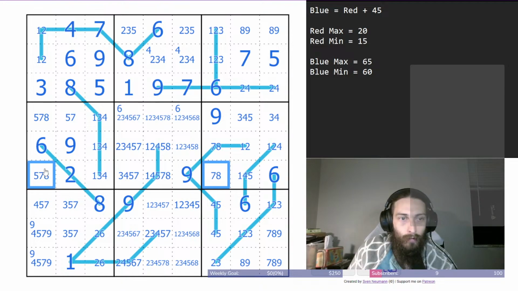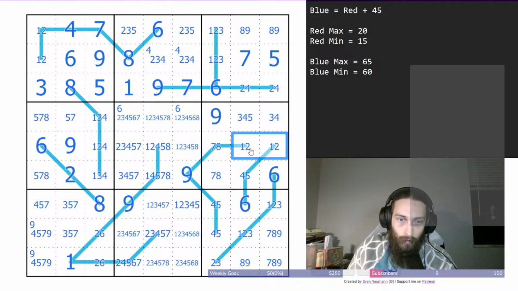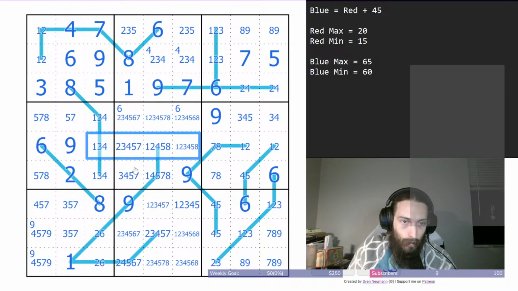Oh. In box 6, the line that sums to 6, the bottom can't be a 1 because the top can't be a 5. And this can't be a 4 because that can't be a 2. Right, so now we've got our 1, 2 pair going across. 3, 4, 5.